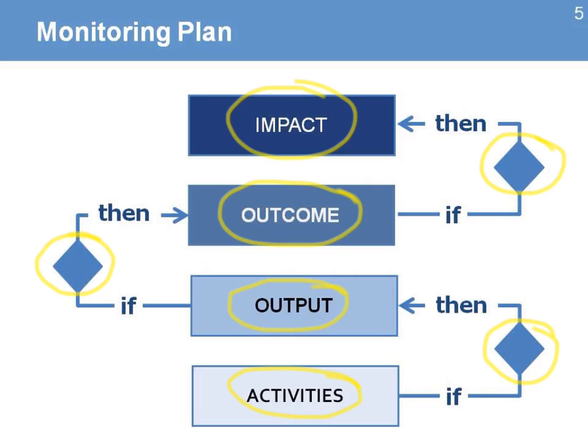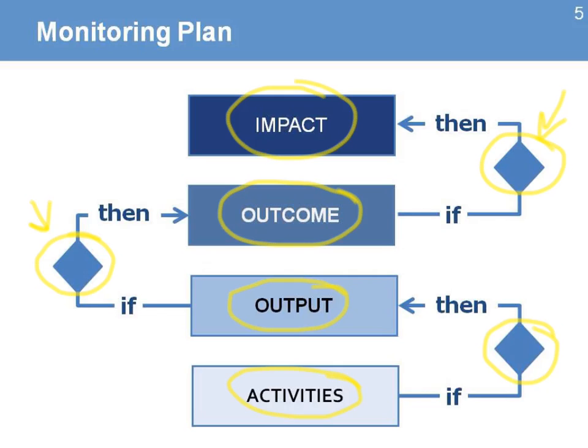Now, the next level will be if all the people who have been trained are able to apply that knowledge in their work, then we will have an outcome. And then the assumption is that it will increase the efficiencies, the productivity, the income, so we will have an impact.